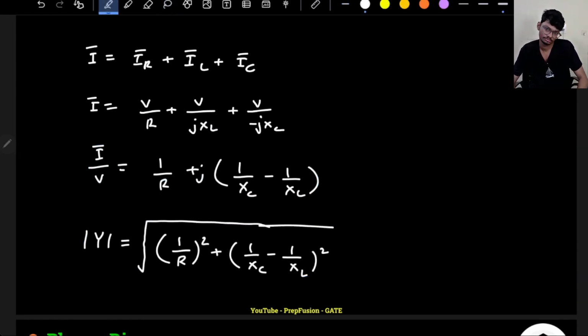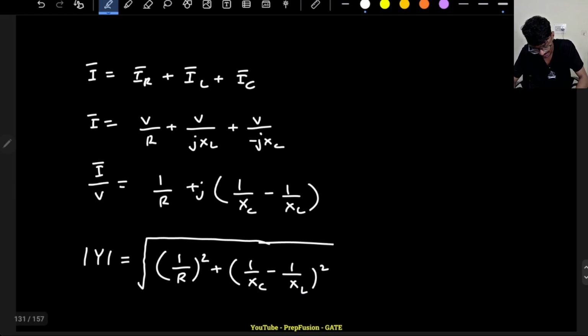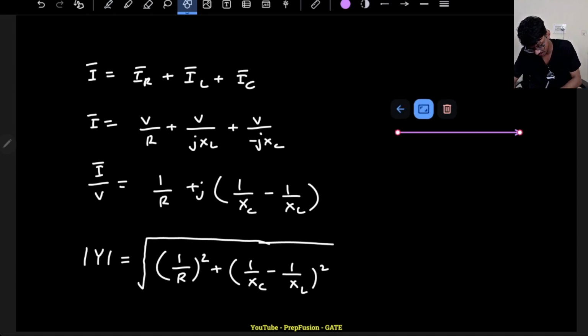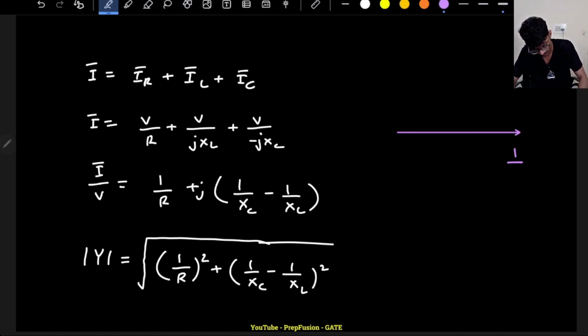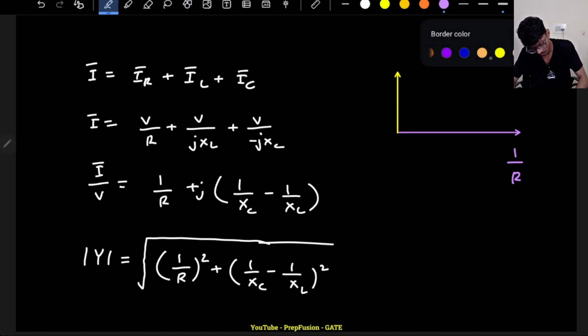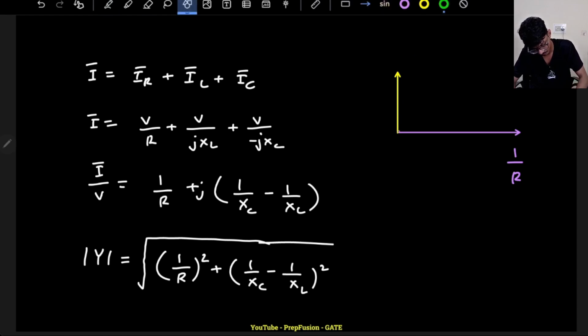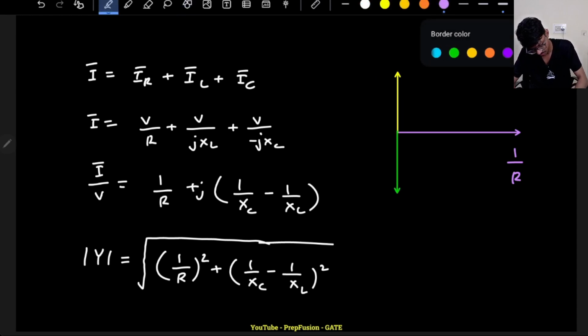So what will be the admittance triangle? The admittance triangle will be somewhat like this: the conductance is here, 1 by R, and depending on which one is bigger, is 1 by XC bigger, or is 1 by XL bigger.